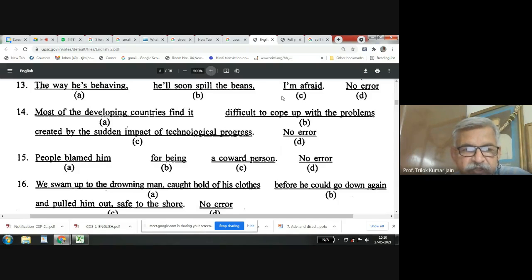Next, 14th sentence. Most of the developing countries find it difficult to cope up with the problems created by the sudden impact of technological progress. Try to analyze it.